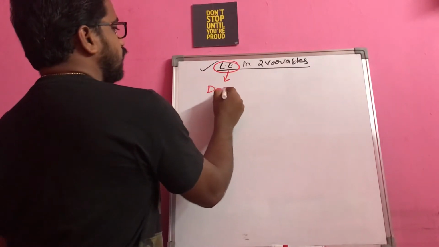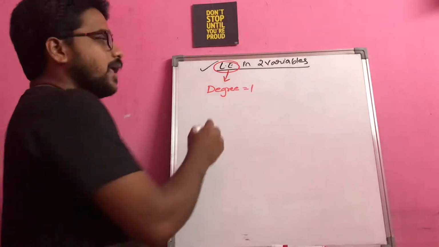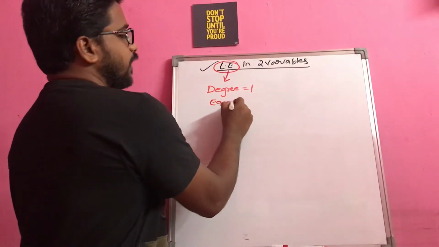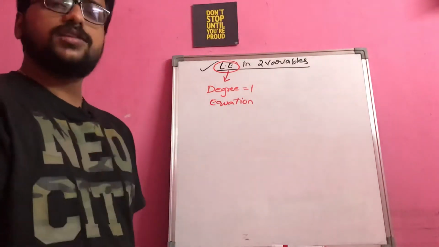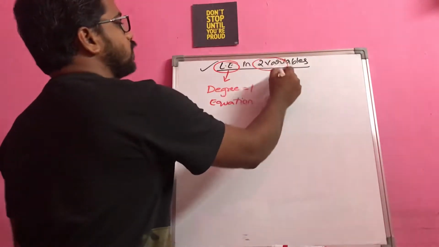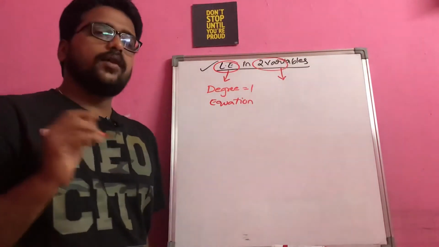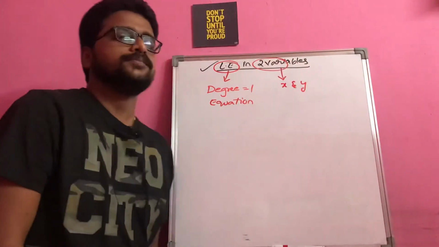Linear representing degree is equal to 1, that means highest power is equal to 1, and it's an equation indicating that you have to equate this to some particular constant or generally 0. In two variables in the sense you should have two unknowns, that is nothing but x and y. These are the two variables we are having.